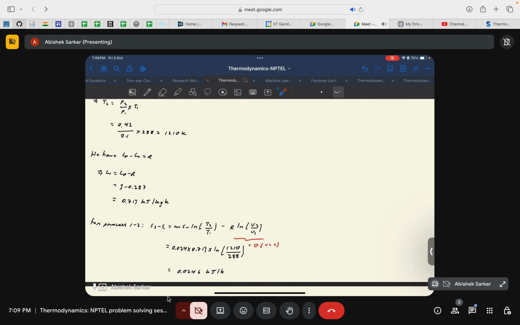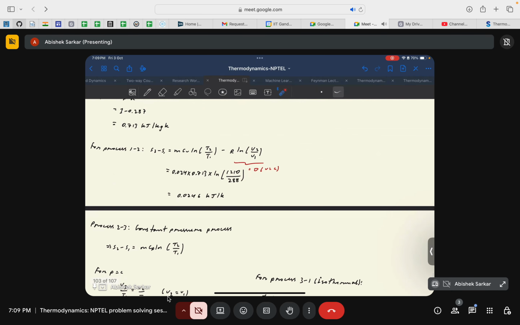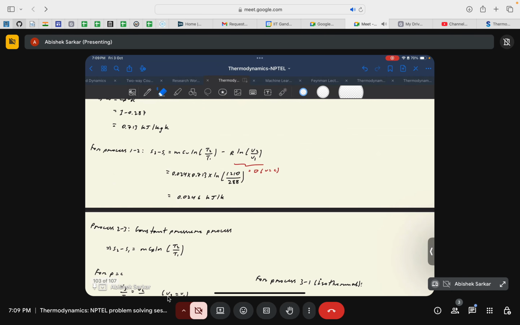Now for process 2 to 3, we can similarly tell S3 minus S2, the net change in the entropy of the process, can be given by this equation.